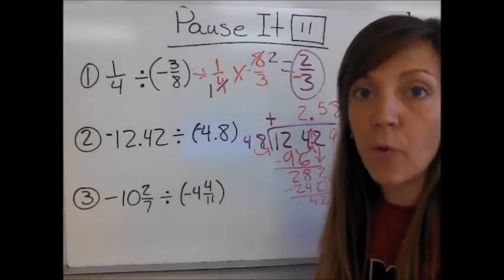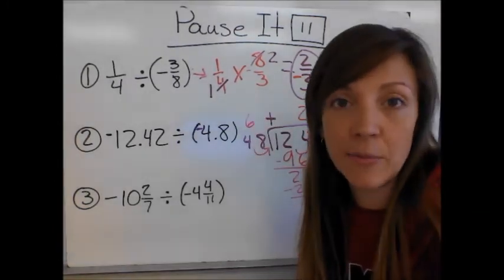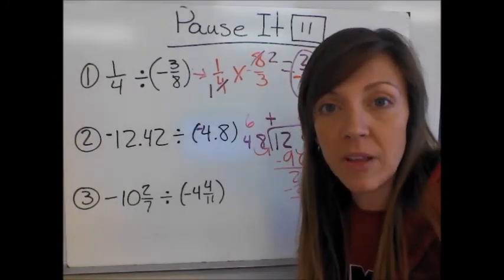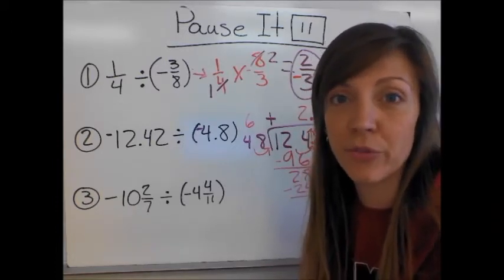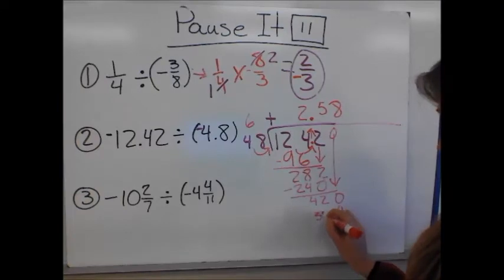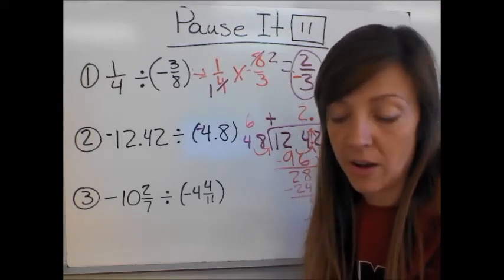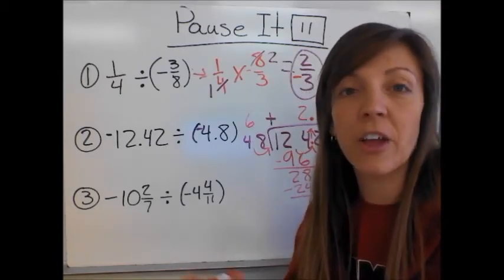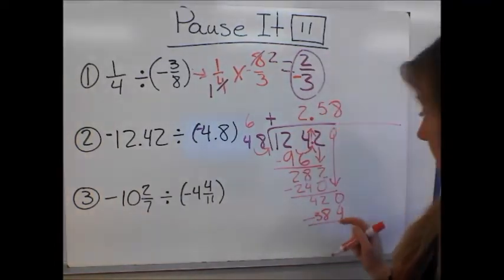8 times 8 is 64. 8 times 4 is 32. So 8 times 40 is 320. 320 plus 60 more is 380. And I subtract 84 from another 100. What's the difference in 84 to another 100? It would be 16.